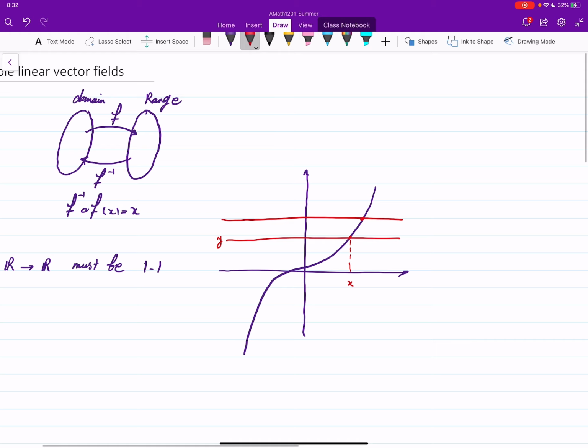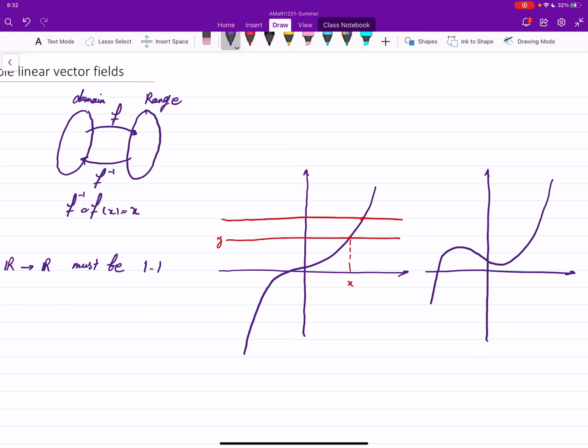Versus a function which is not 1 to 1, where you may have some values of y taken by more than one value of x. In other words, the function maps more than one value of x to that value y. So this is not 1 to 1, this is 1 to 1.